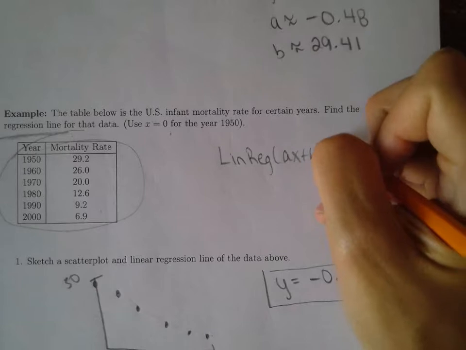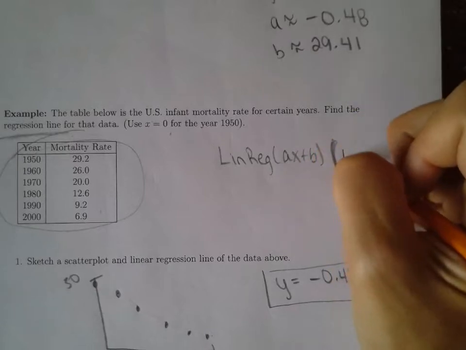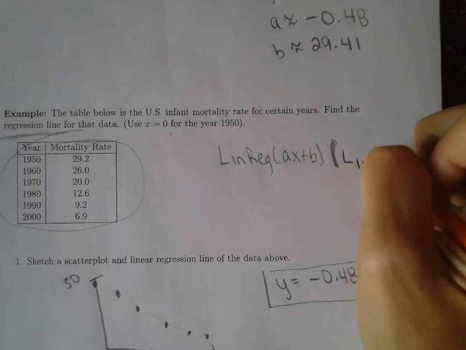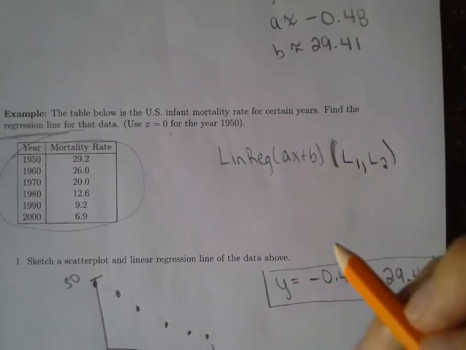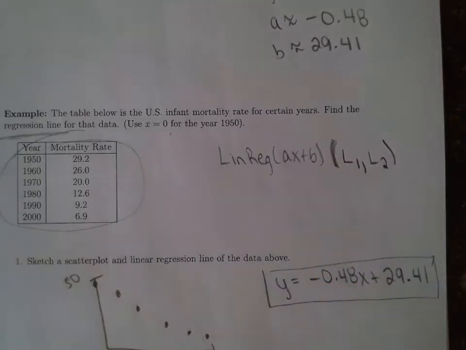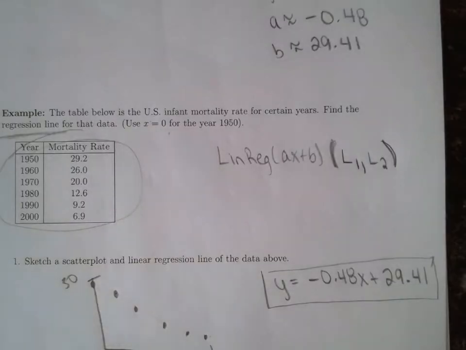It might have an open parenthesis, I'm not really sure. What you'll do is type in L1, comma, L2, or whatever your lists are. So if you did it in 3 and 4, you would do L3, comma, L4. Make sure you close your parentheses, then press Enter.